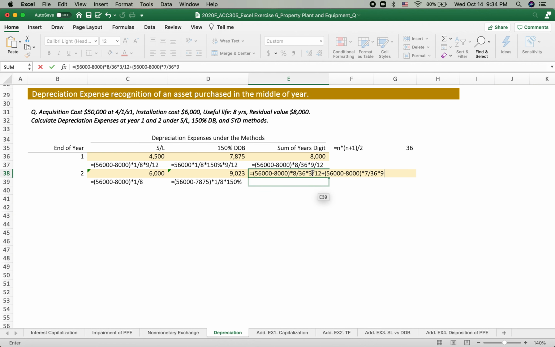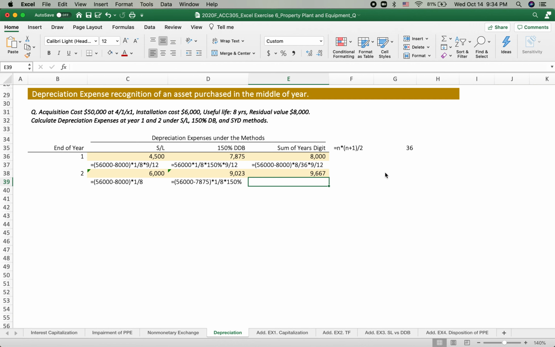We consider 3 months and then 9 months divided by 12. Okay, so we got 9,667. That is how to get the depreciation expense of the sum of the years digits if we purchased this asset in the middle of the year.